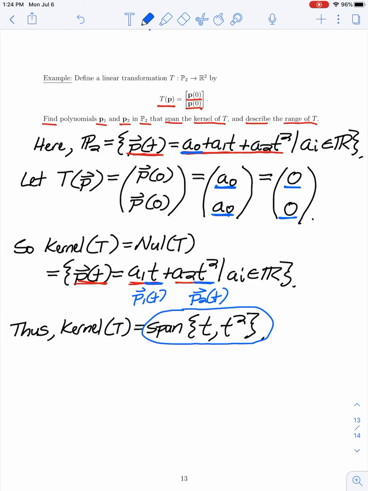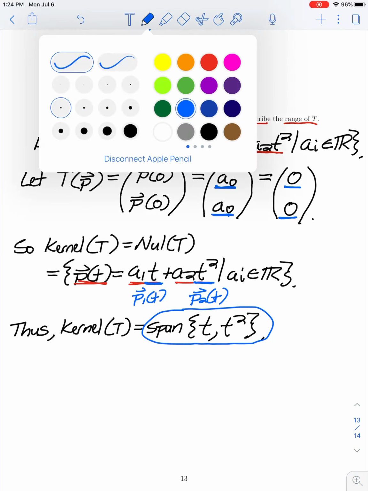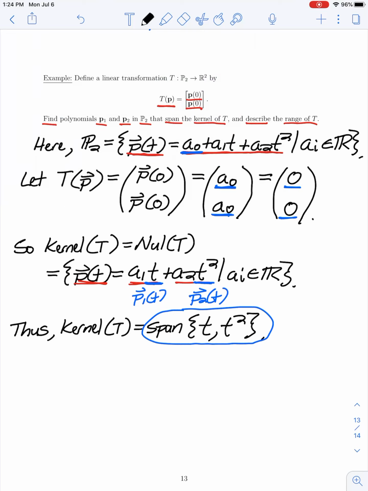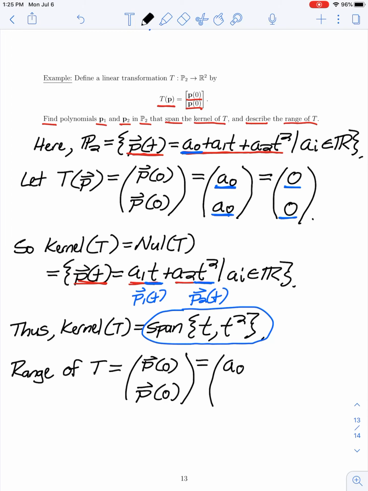Now the second part of this problem was to describe the range of this transformation T. So again, let's consider the range of T, which we saw would be the set of vectors of the form p of 0, p of 0, which for polynomials in P2 give us a0, a0.